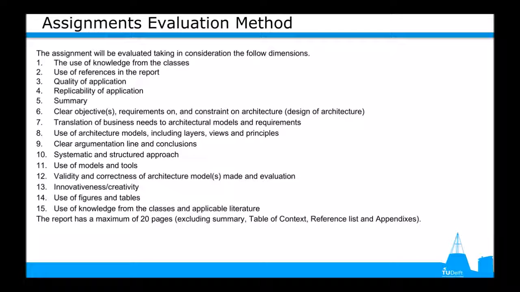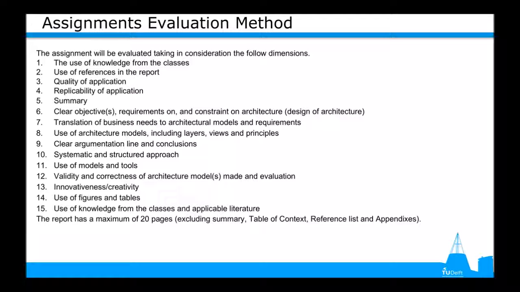Clear argumentation, systematic and structured approach, use of models and tools, in particular the OpenCube toolkit, the validity and correctness of the architecture model, innovativeness and creativity. So please create new business models, new things, or a new way to deliver the same public services, but using fewer resources or more automation. Use figures and tables to summarize and represent what you want to express.